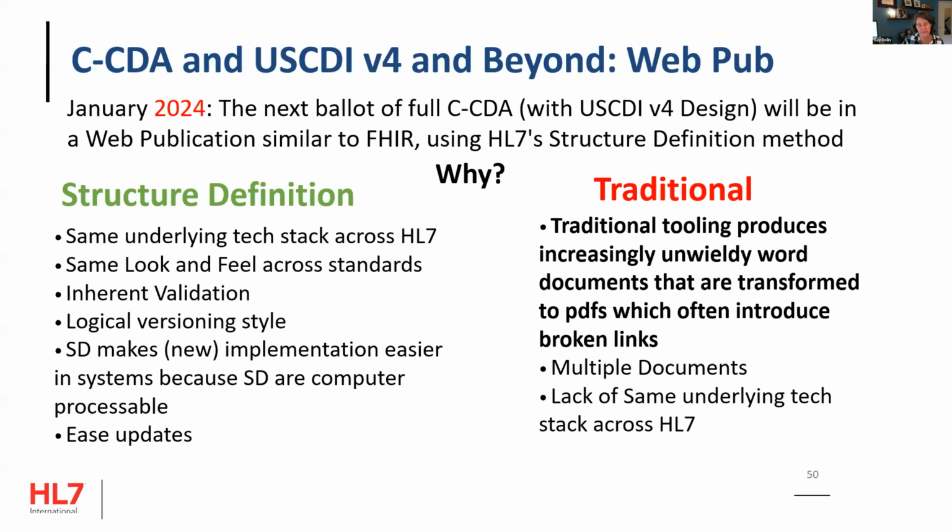And so V2 to some degree is also looking towards doing a structured definition type of publication. We would like to have a similar look and feel across all of the standards. And inherently, there's a more logical versioning style. Ours is essentially manual, just adding dates basically on the end of template IDs.